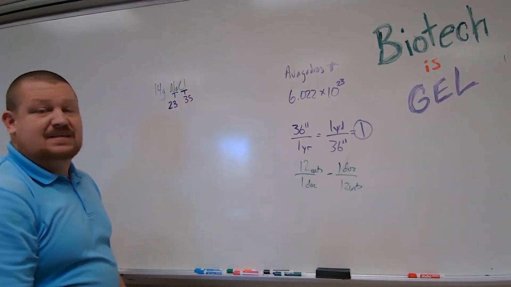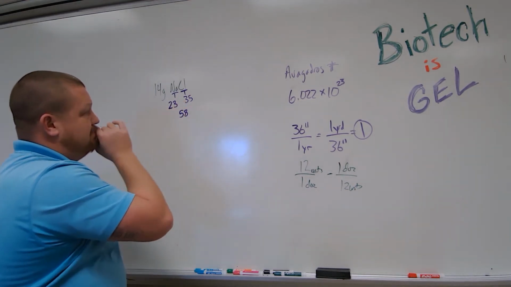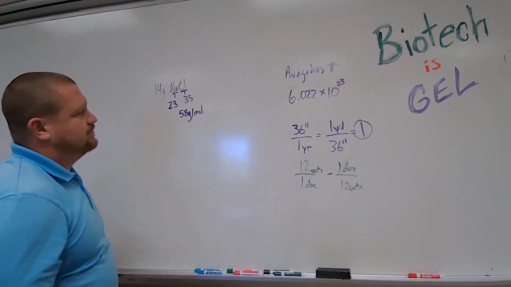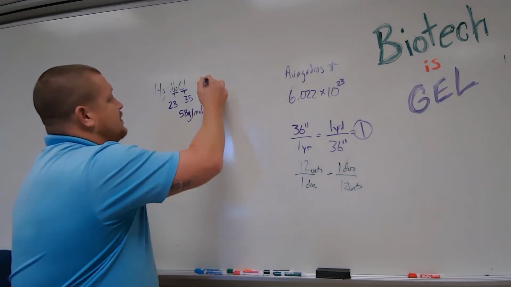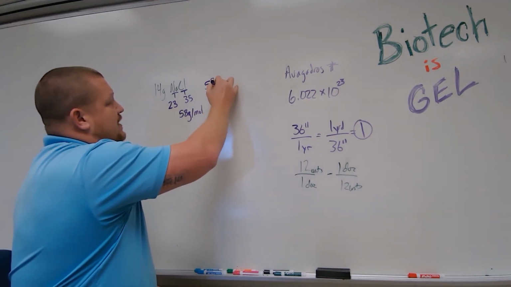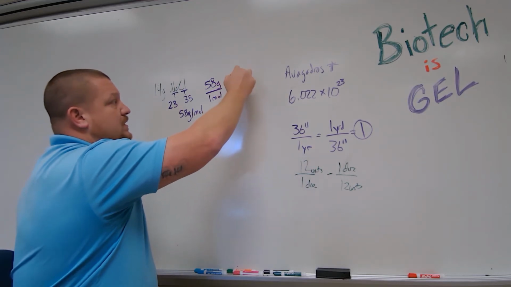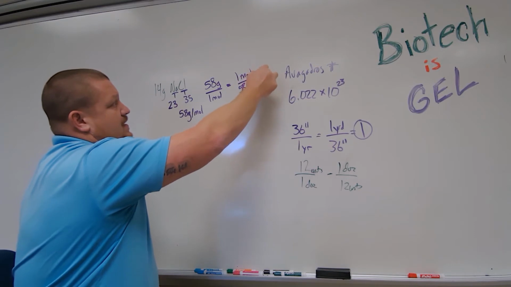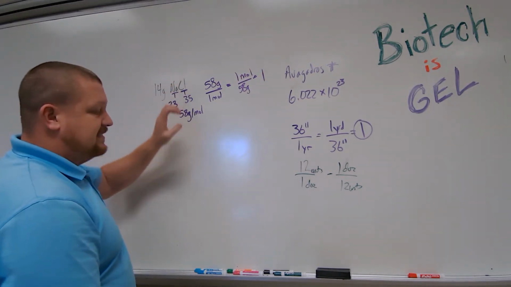There's 1 of each of them, so our molar mass is 58 grams per mole. And that is our conversion factor, right? There's 58 grams in 1 mole, or 1 mole has 58 grams. You can write them either way because it's just equal to 1.